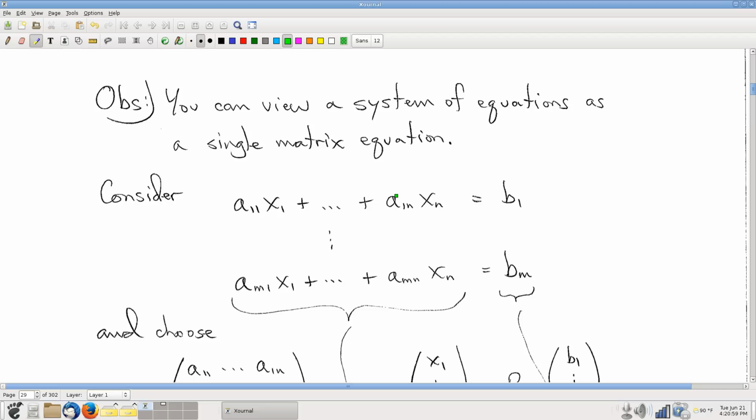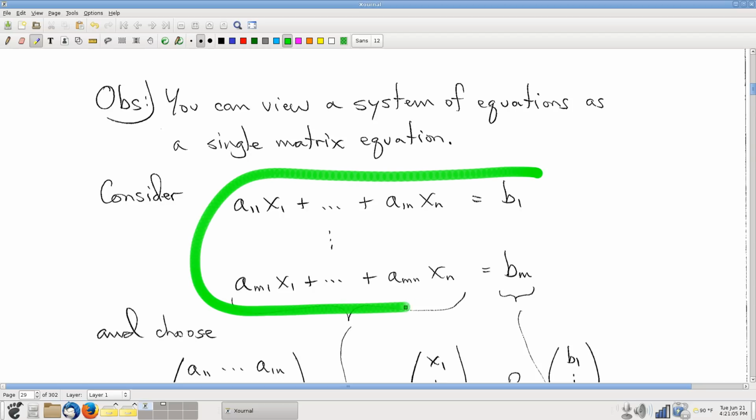Okay, here's another nice application of matrix multiplication. And recall, of course, that we've been interested since the first day of class in solving systems of equations, among other things. So we had a shorthand for how to represent a system of equations.